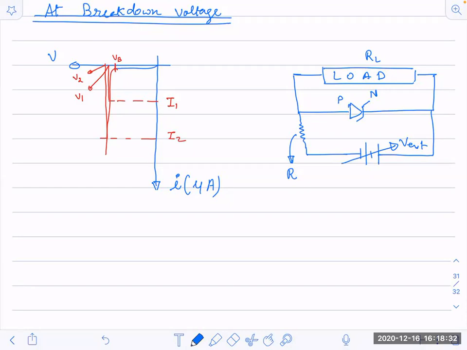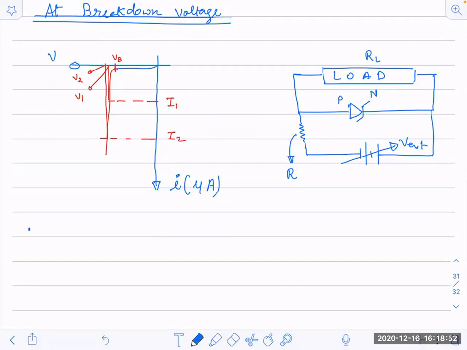For that, this external resistance is applied. Wait a minute, we'll see that.